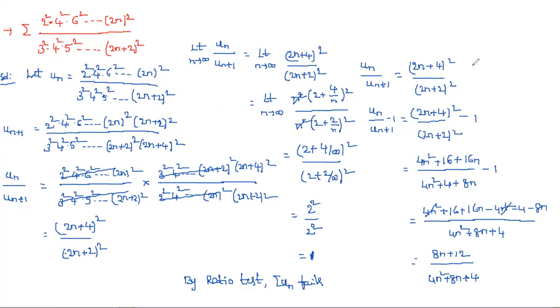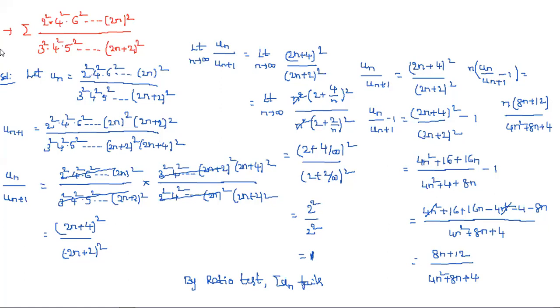Now you can multiply this one with n. So n into un by un plus 1 minus 1 is equal to, if you multiply with n, n into 8n plus 12 by 4n square plus 8n plus 4. And now we can apply limit for this.